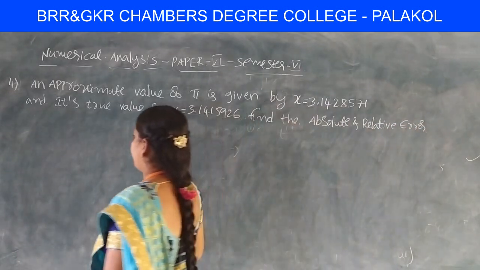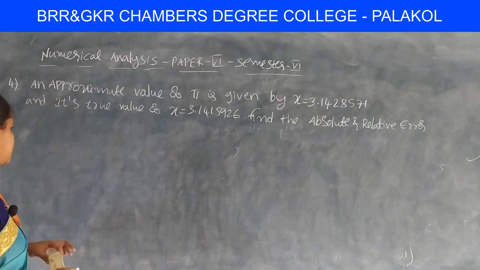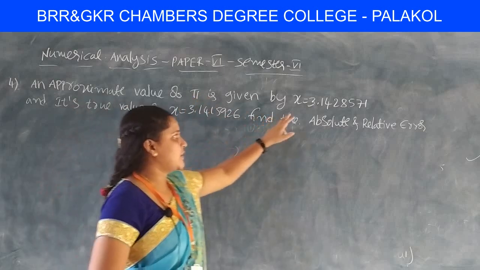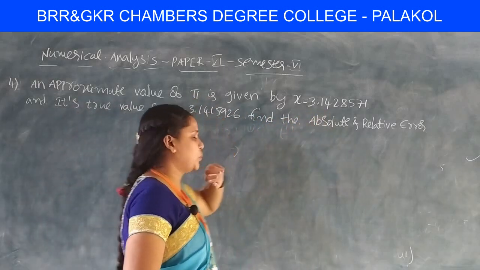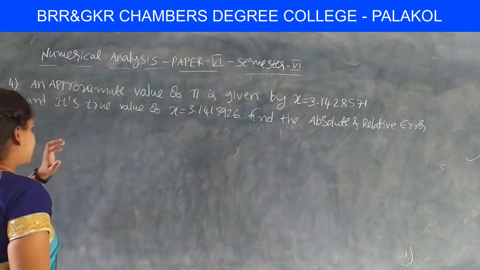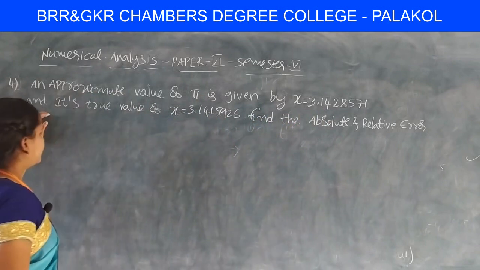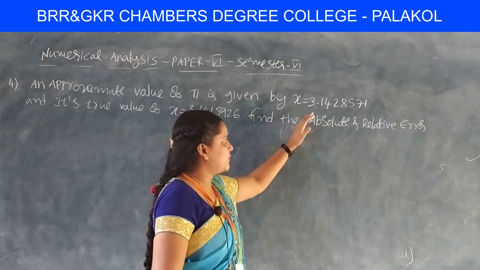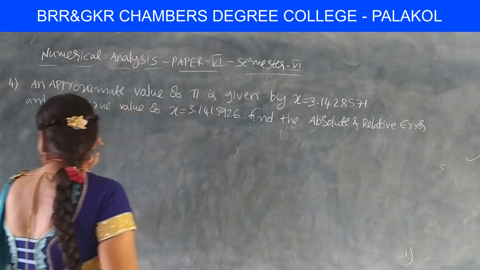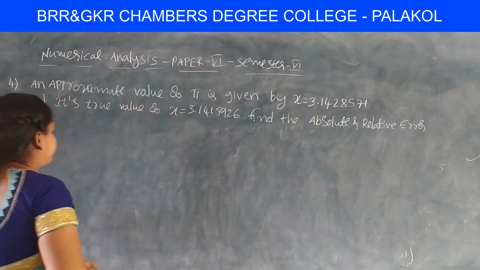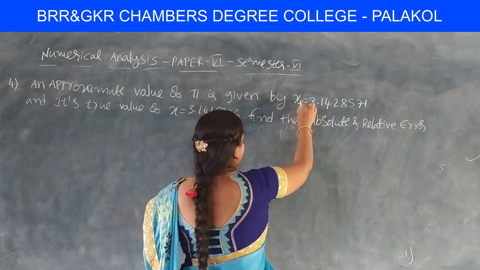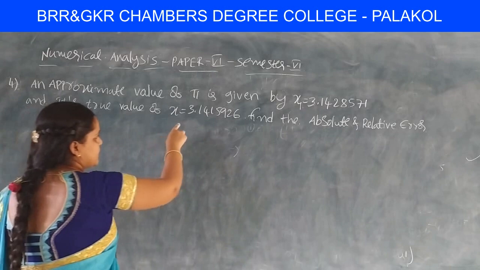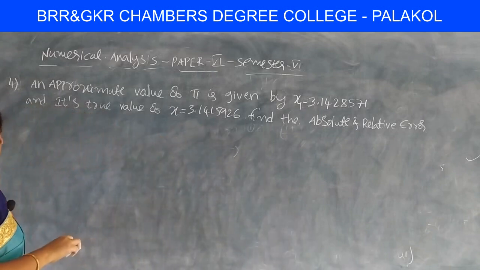So this sum consists of an approximate value of pi, x1 is equal to 3.1428571, and its true value is x is equal to 3.1415926.